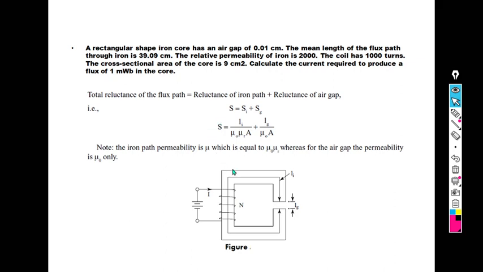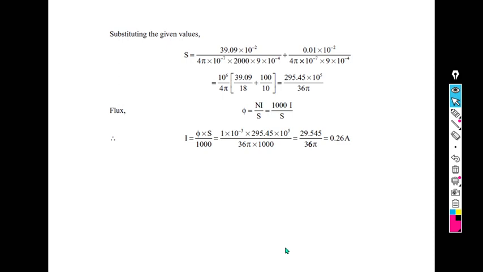So you can find out S. If I convert to meter, 4 pi into 10 to the power minus 7 is the absolute permeability, this is the relative permeability, and 9 into 10 to the power minus 4 is our area. If I solve it, we get 295.45 into 10 to the power 5 by 36 pi as the total reluctance.